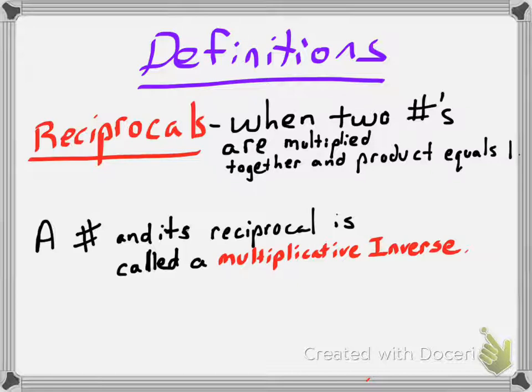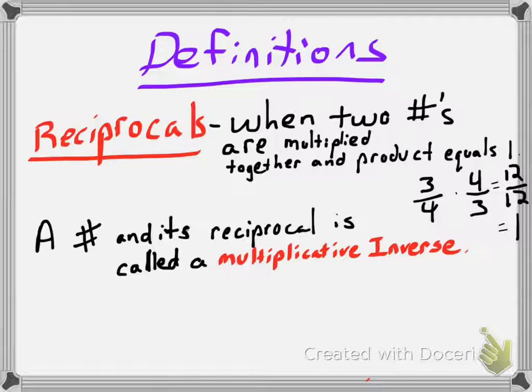Top times top is 12. Bottom times bottom is 12. So 12 over 12 is 1. That's a reciprocal. They're reciprocals of each other. We're going to use that a lot in algebra, so make sure you know that one.